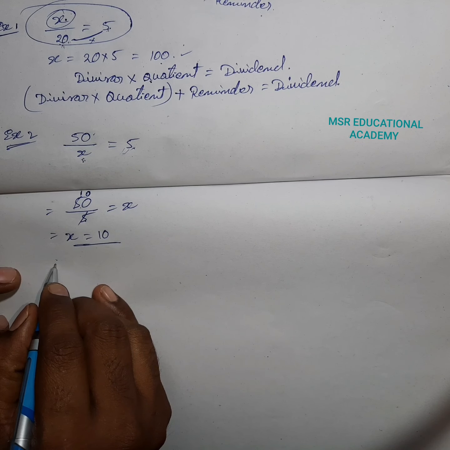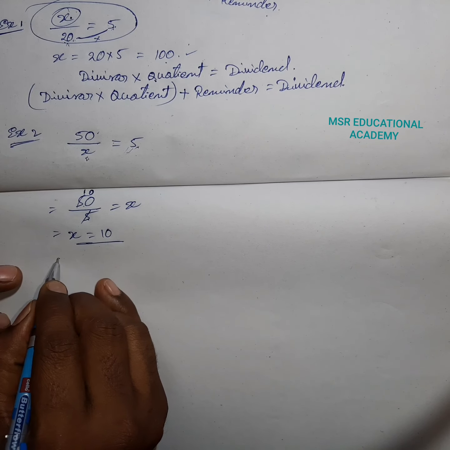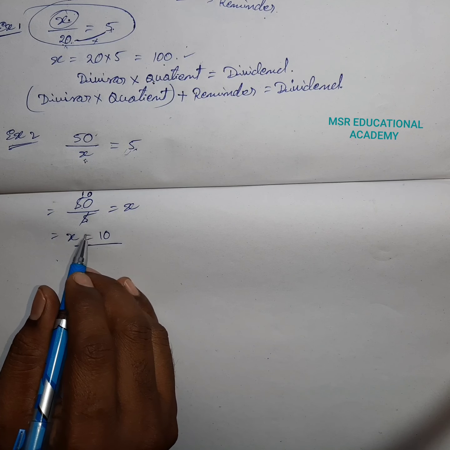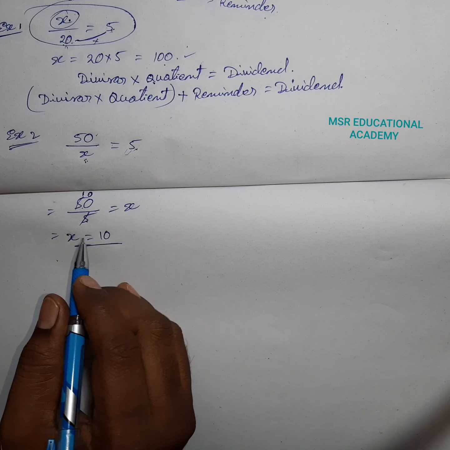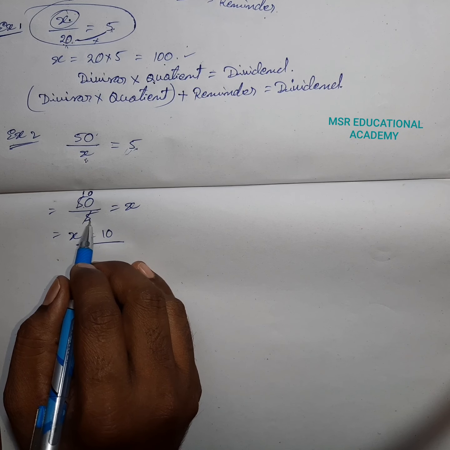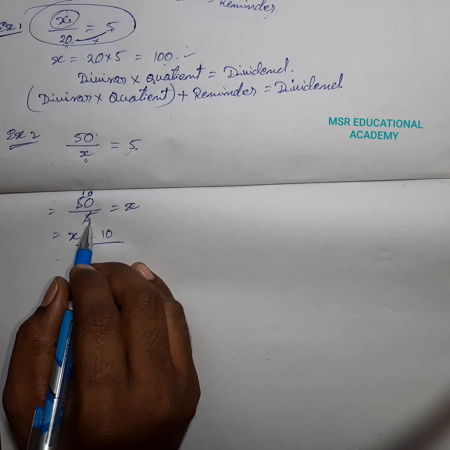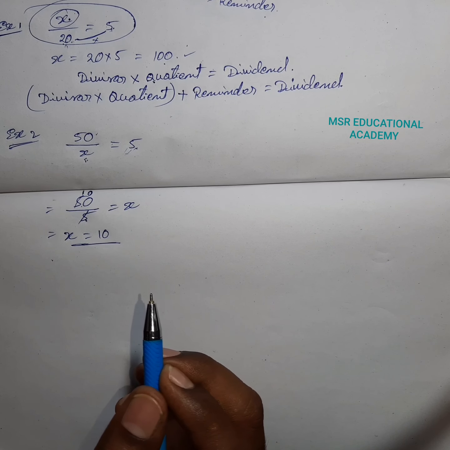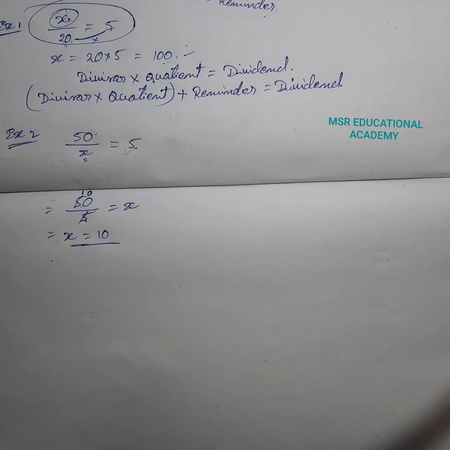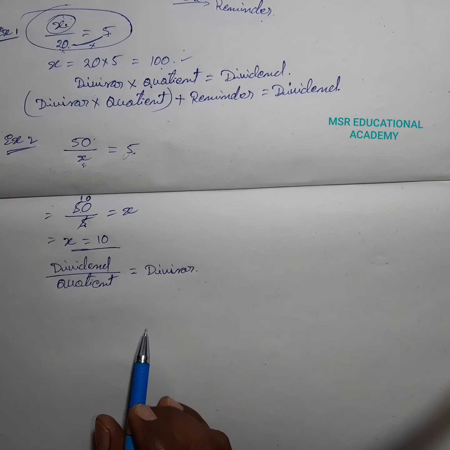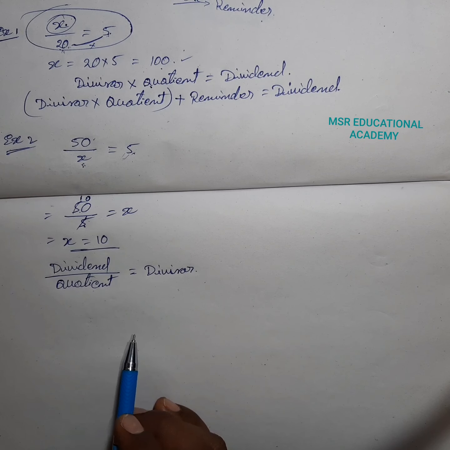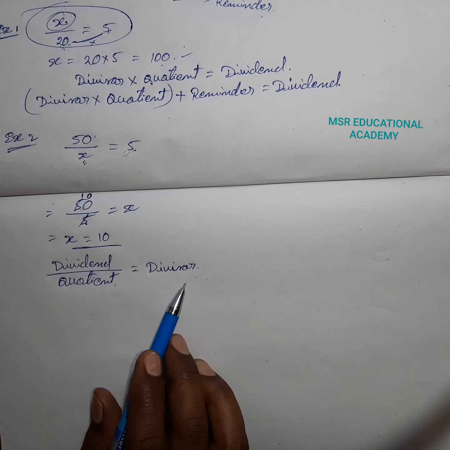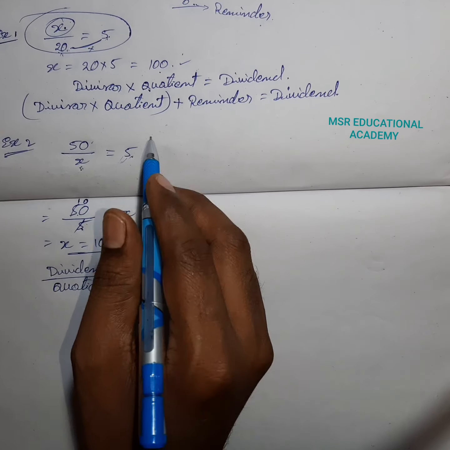Dividend divided by quotient, then you will get the divisor. That is, dividend divided by quotient is equal to divisor. Like this we can solve the simple problem.